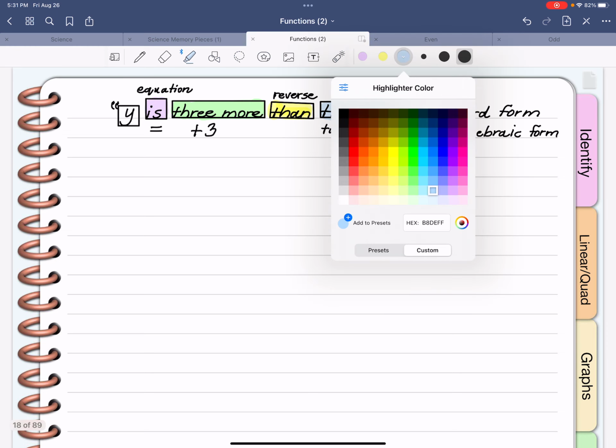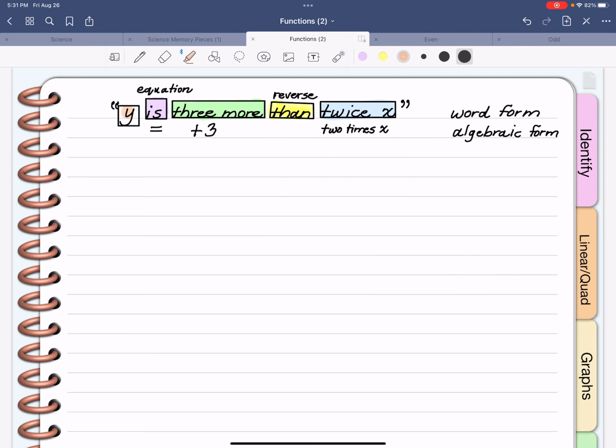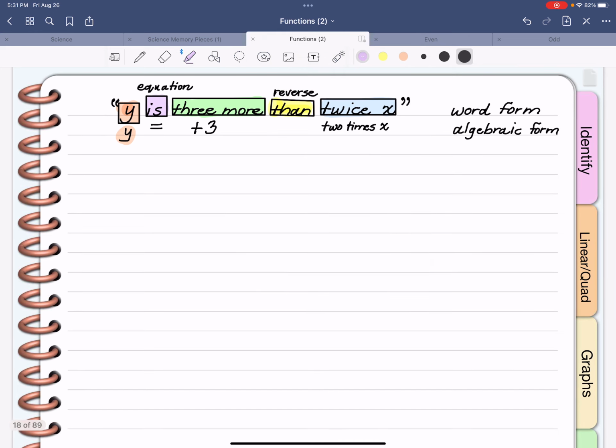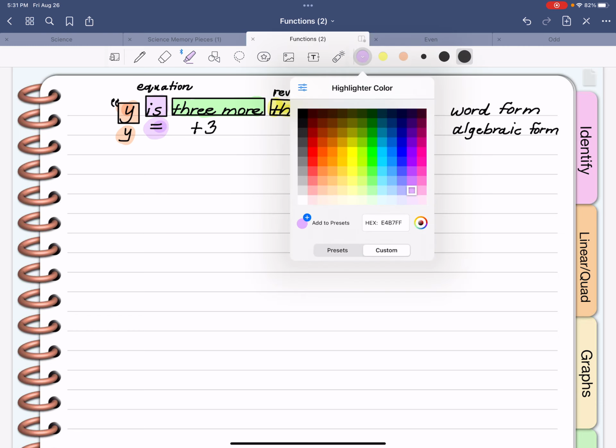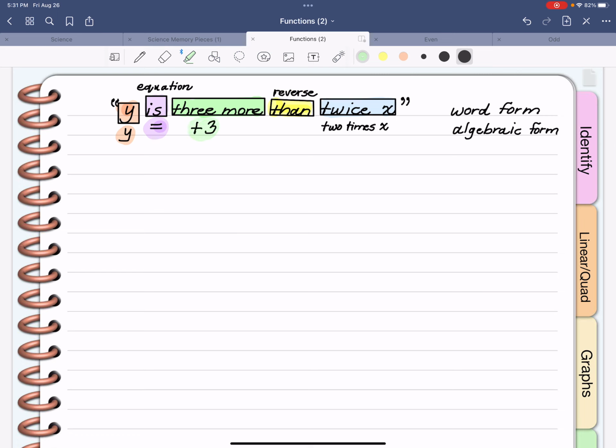Okay. The iPad has a mind of its own. So here's y. It's just going to come down here. Y is a variable. So there's y is 3 plus 3, and then we have 2 times x.